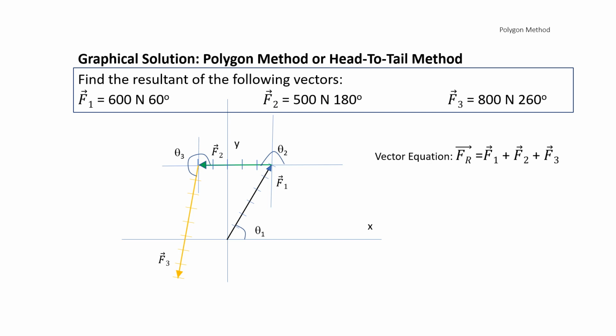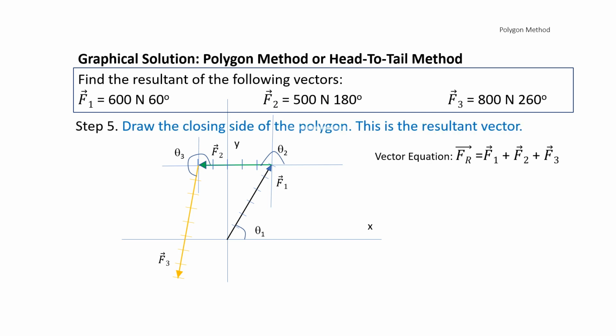So, draw a line that will close the polygon from the origin of the primary axis to the tip of the last vector. This line will close the polygon. This closing side of the polygon is the resultant vector.